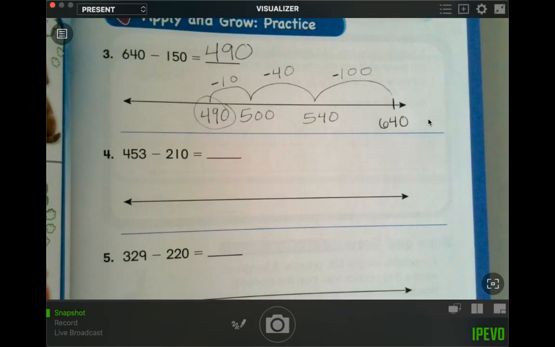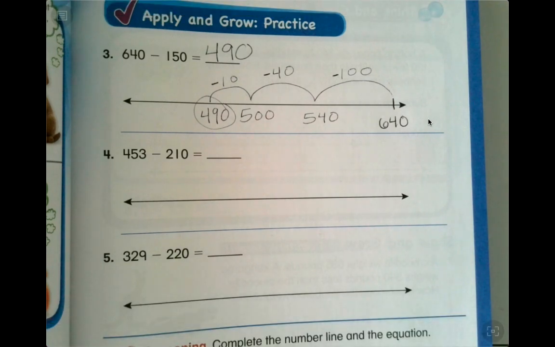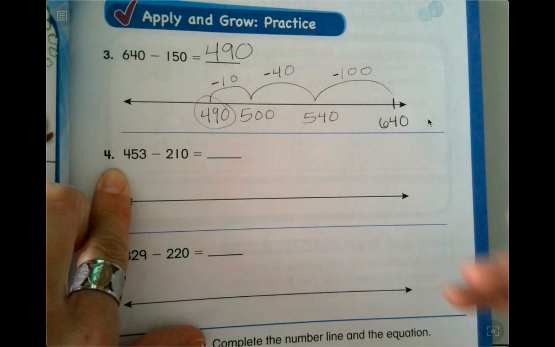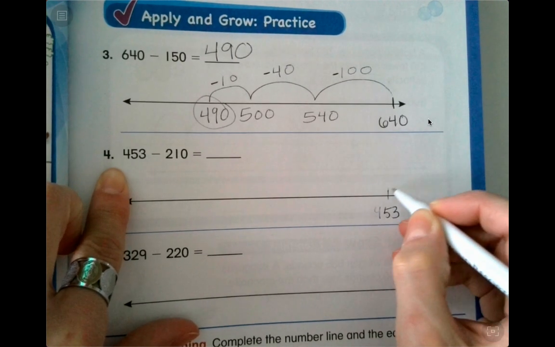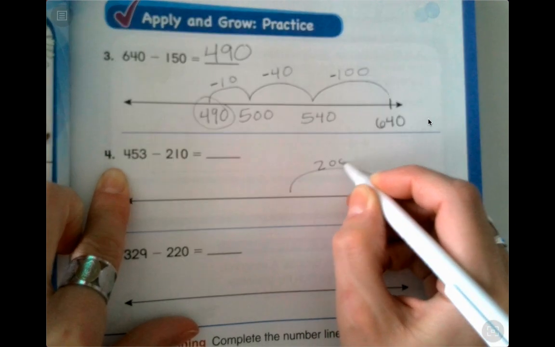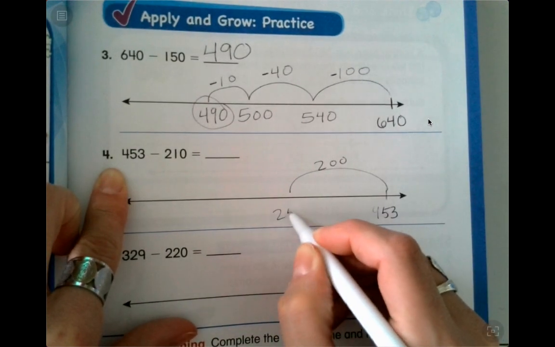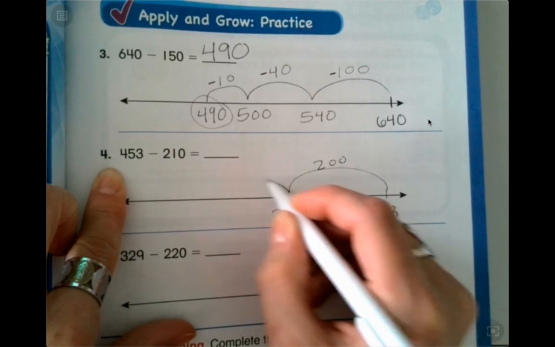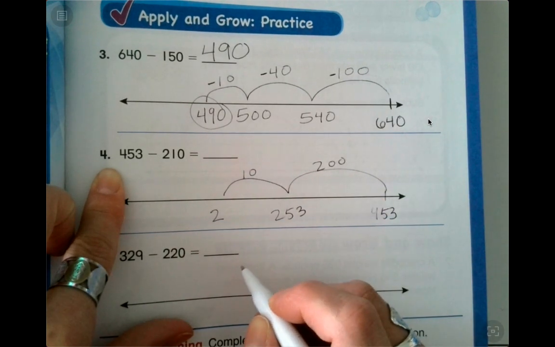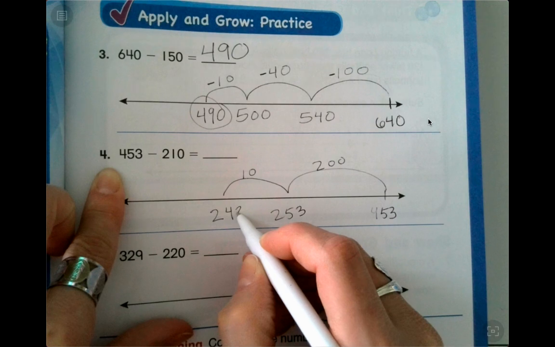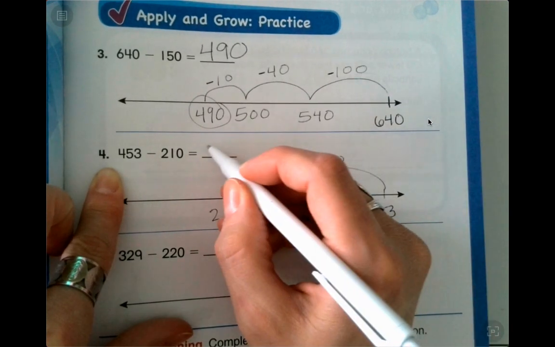All right, let's go over your answers for 4, 5, and 6. So for number 4, 453. Let's say you went back 200. 253 minus 10. 243.